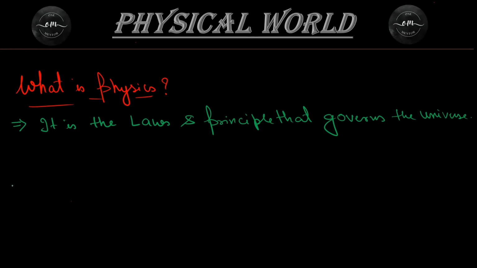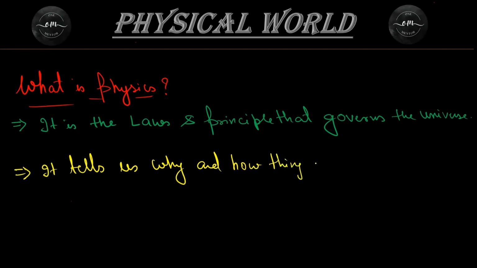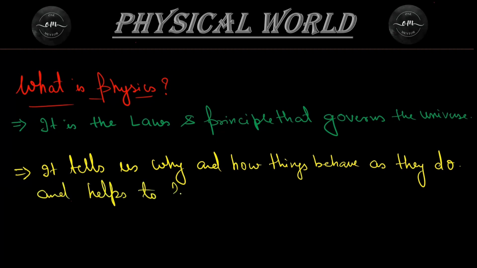For example, one more definition you can check on the internet or in the book. It tells us why and how things behave as they do, and helps us to predict the future of things.